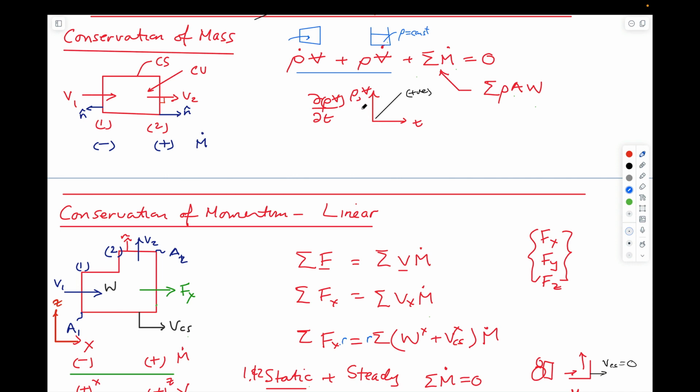The sign convention is that if density increases with time, or volume increases with time in these expressions, those are positive. And a mass rate out of our control volume is also positive. So the sign convention for the accumulation terms is this.